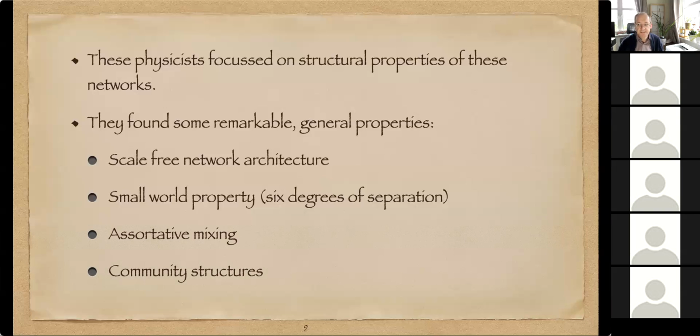Okay, all of these properties are social. They are not economic or socio-economic. They're social. And that is a kind of problem. When we map production networks, we will not necessarily see these properties.